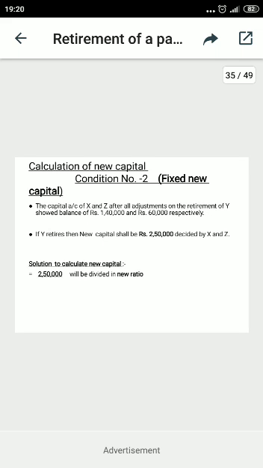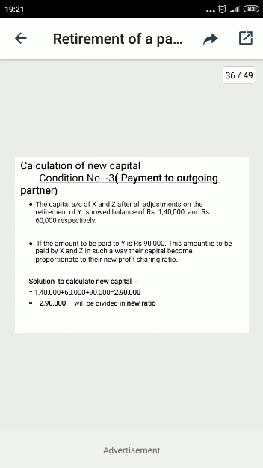But when the new capital is given to be brought by the remaining partners after the retirement of Y, say X and Z decided on 2 lakh 50,000, this is the new capital and it will be divided into the new ratio for X and Z. So the new capital is 2 lakh 50,000 in these conditions.